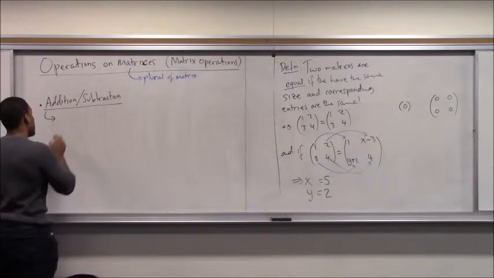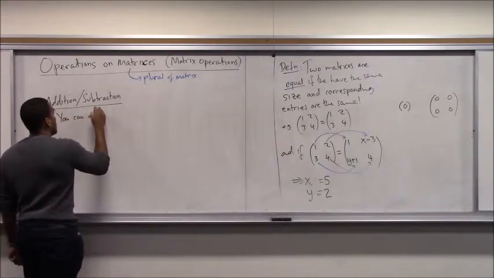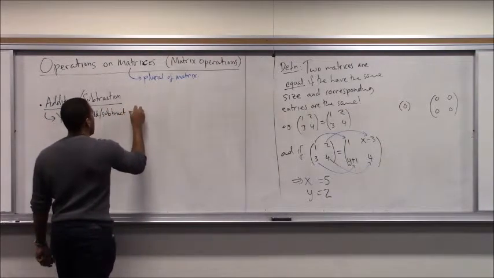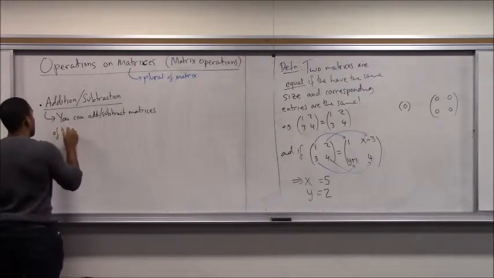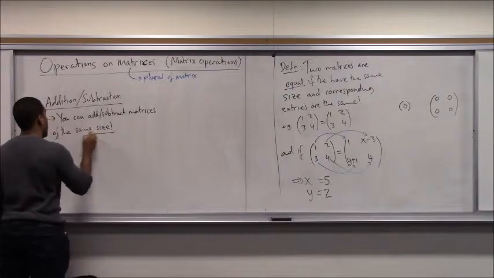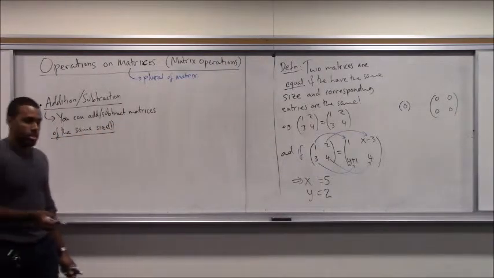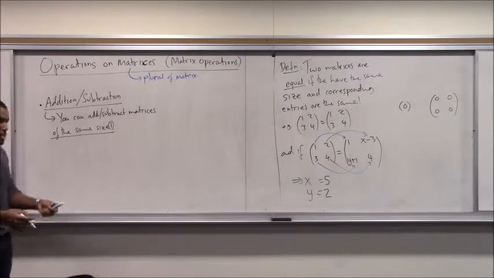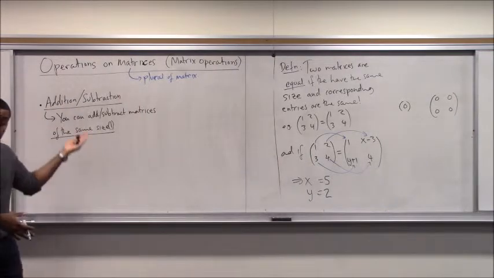One important thing, you can add or subtract matrices of the same size. They have to be the same size. If they're different sizes, you cannot add them. It's kind of like adding unlike terms. Matrices don't play well together with things that are not like them when it comes to addition, at least.